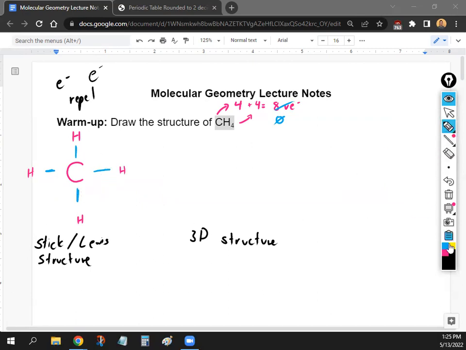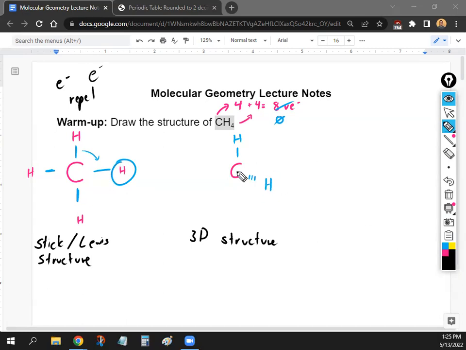So what's going to happen is in the 3D structure, we're going to keep the middle atom the same. It's still going to be C. But this line is going to push this line away. And since it's 3-dimensional, this part right here is going to go in towards your page. So if you want to draw something going inside the page, we just draw dashed lines like this to show that this part right here is going to get pushed in towards the page.